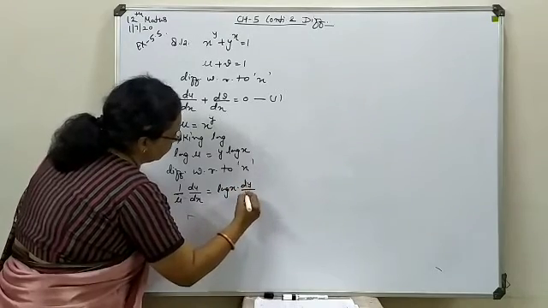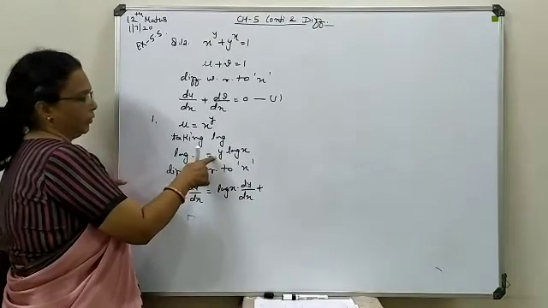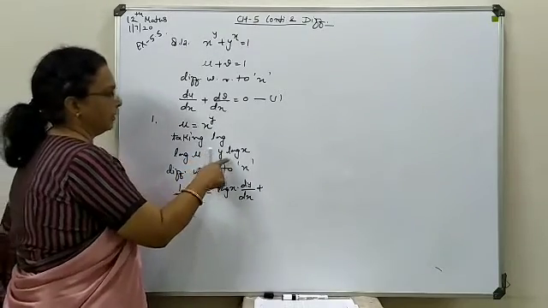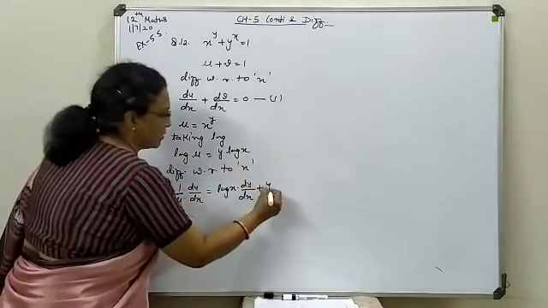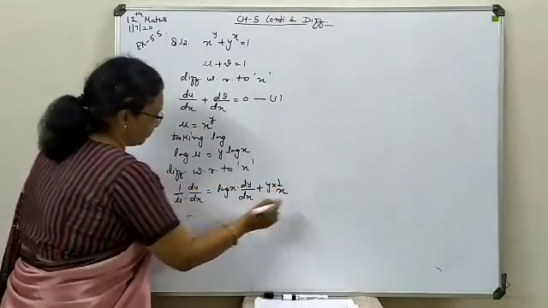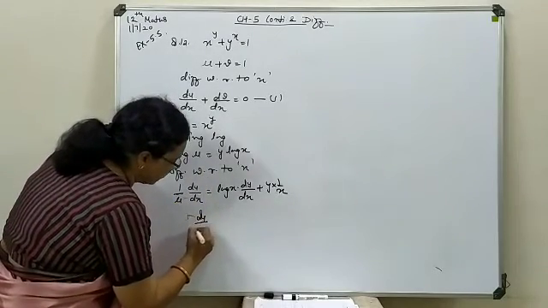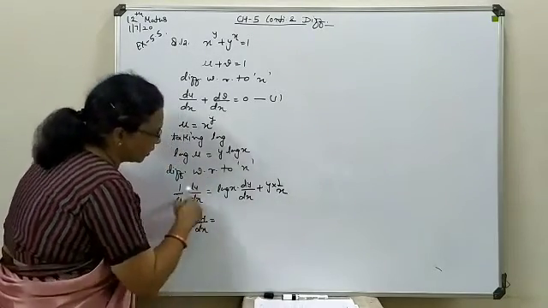Two terms are written in a product form, so the product rule will be implemented. Now y you keep as such, and the derivative of log x is 1 by x. Finally u is to be multiplied here, so you separate out du by dx; u is to be multiplied.